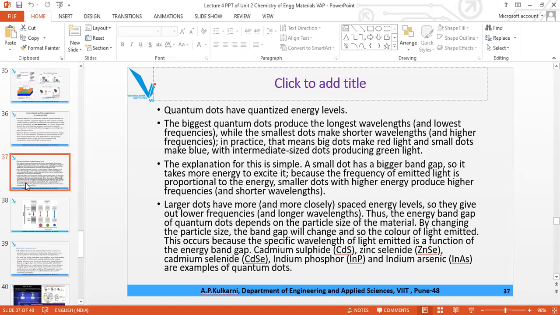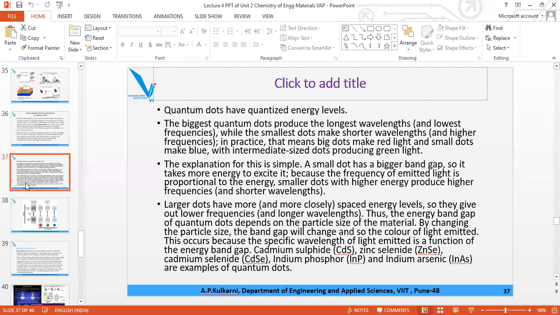So red, green, and blue. You are the blue. Smallest one is blue, biggest one is red, and intermediate color is green. So remember that way: biggest is red, smallest is blue, and moderate is green.